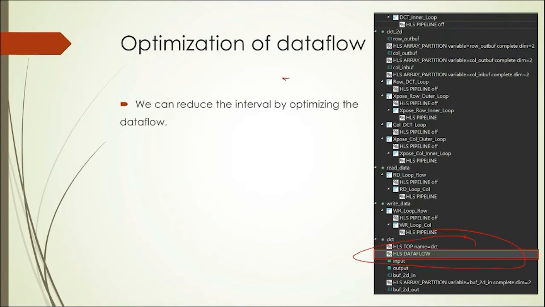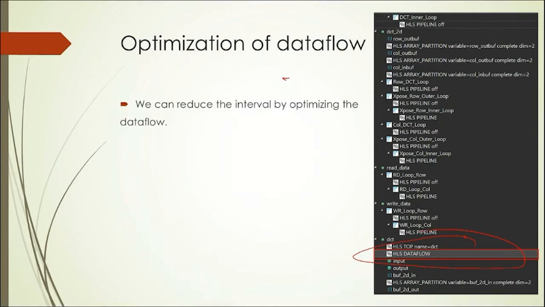We further optimize the birth rate, because we may call this function many times, and if we can improve the interval, then we can start a new set of input data even when this function is still running.